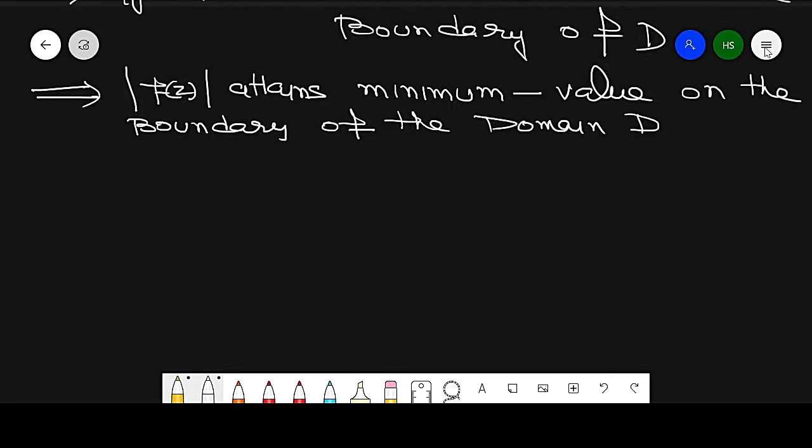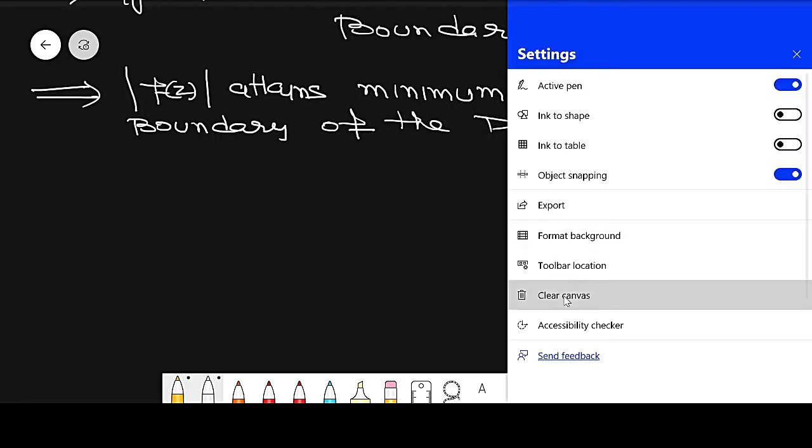So just remember the statement of the maximum modulus principle.